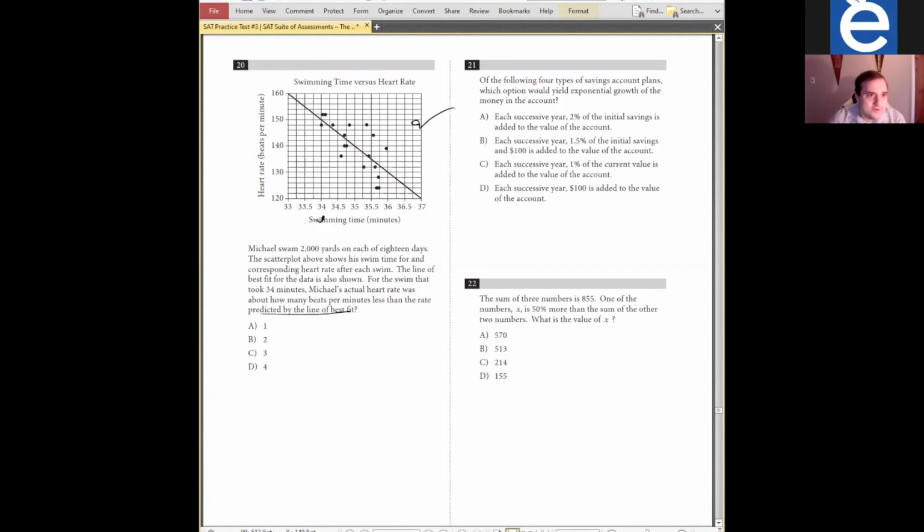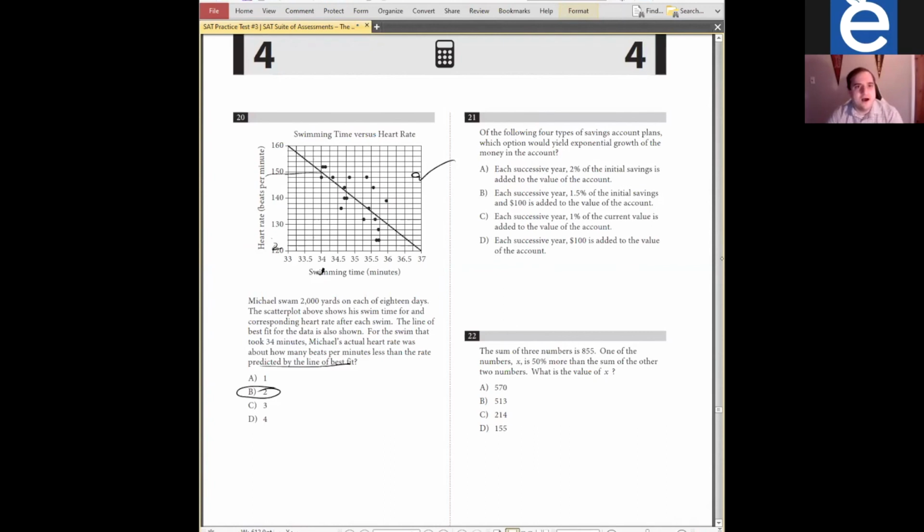Well, our prediction was 150 and our actual was over here. So what does each one of these boxes represent? Well, there's 1, 2, 3, 4, 5, so each one of them represents 2. So that's 150, that's 148. Our answer here is B, 2.